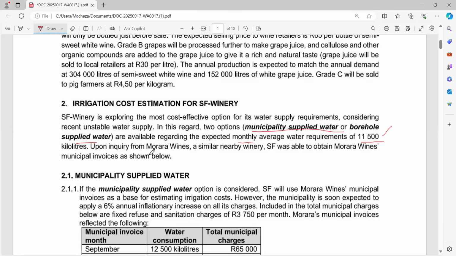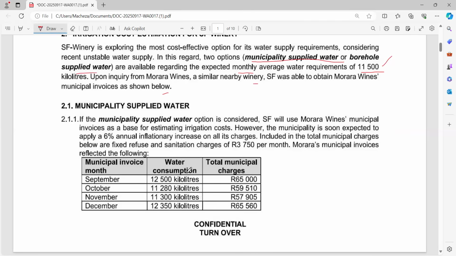Then upon inquiry from Morara Wines, a similar nearby winery, SF was able to obtain Morara Wines' municipality invoice as shown below. So they are trying to see the cost of the municipality water, and they requested a nearby winery to see how much they are paying for their water.